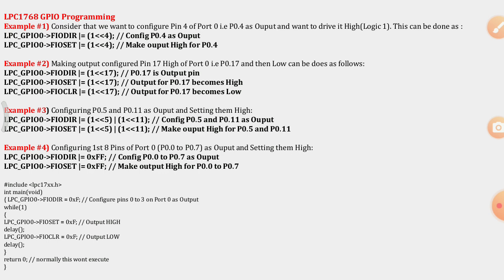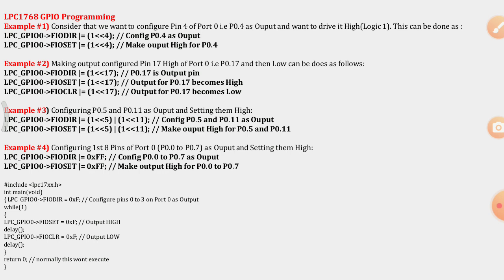Now configure P0.5 and P0.11. For that purpose, first set the direction in FIODIR, 1 shifted to the left to the 5th position and 11th position, both ORed together. Both are going to be outputs here. Then set the same thing.